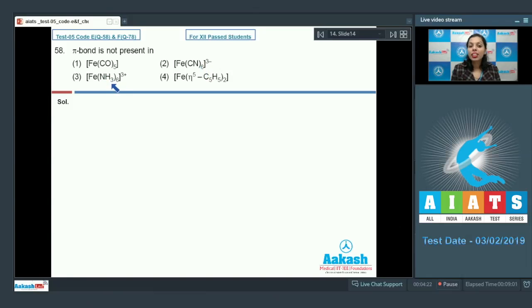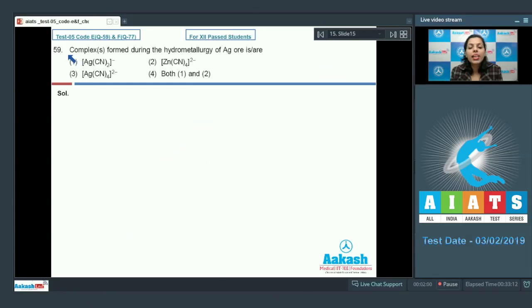Further we have NH3, ammonia is the ligand here, and we know that in case of ammonia there is no pi bond. We know that the structure of ammonia is of this type, where the lone pair is there on the nitrogen atom. There is no pi bond. It means this is the correct answer. And if we talk about the next complex in which the ligand is C5H5, there is also the presence of pi bond. It means easily we can choose here option 3 as the correct option.